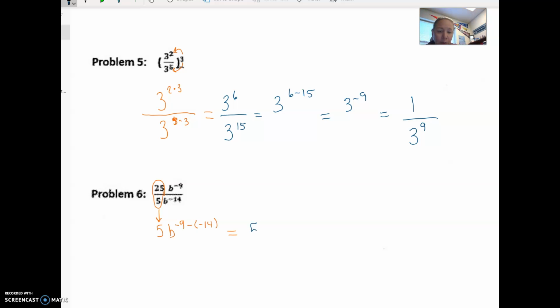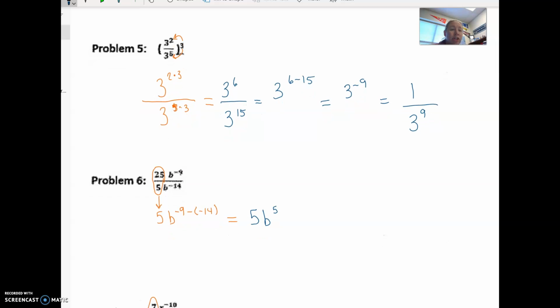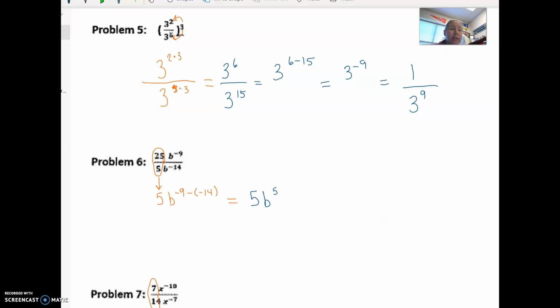So we would end up with 5 and then b to the 5th power. Sorry, I've got to correct something on my key there. So the 5 would carry over, and that becomes a positive 5, and then that's all we can do on number 6. So again, check your answer and see how you did.